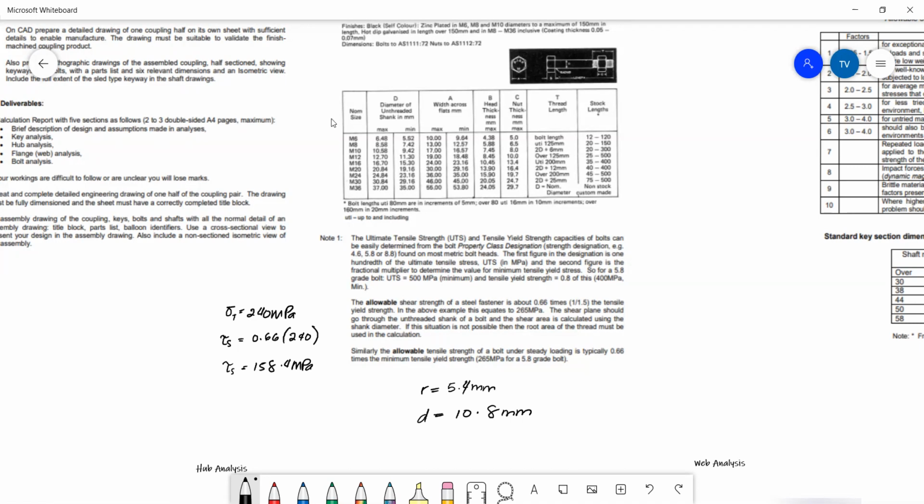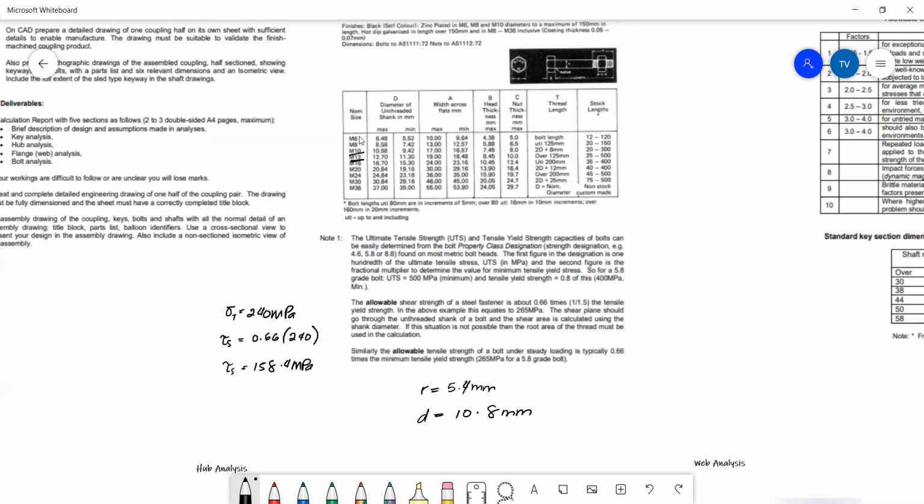Now, if we look at this table, there is no size for 10.8. What's the next size that's available, or the next logical size? We can't use M10 because M10 has 10 millimeters as the diameter, yes, exactly, Shivnil.